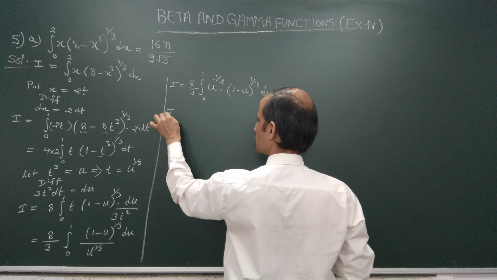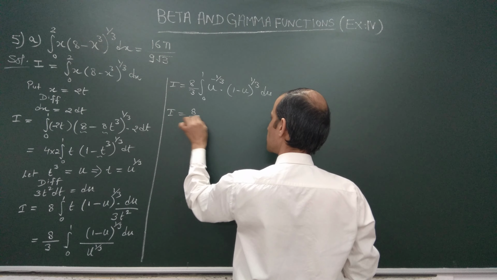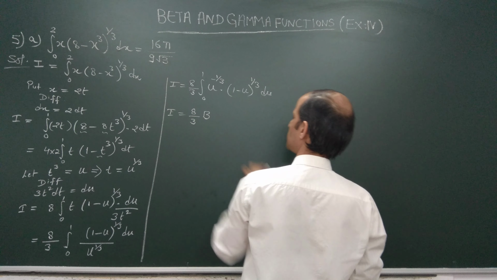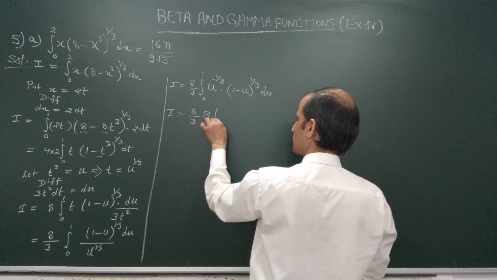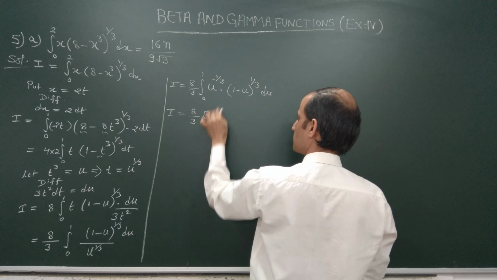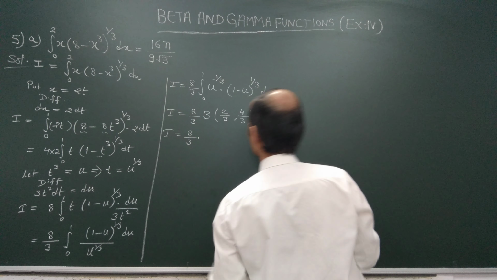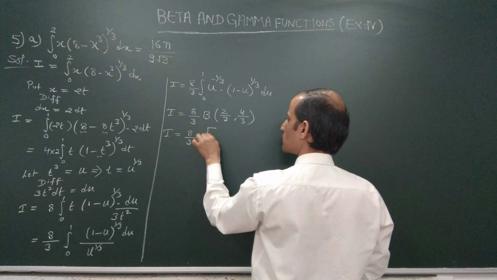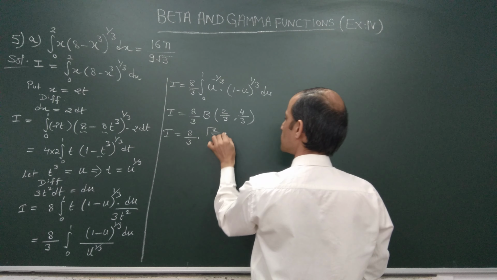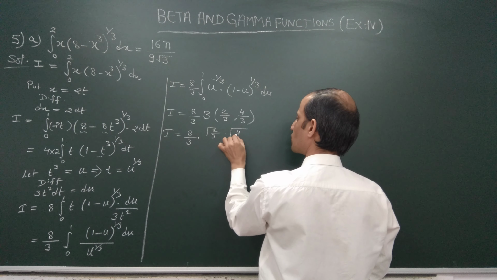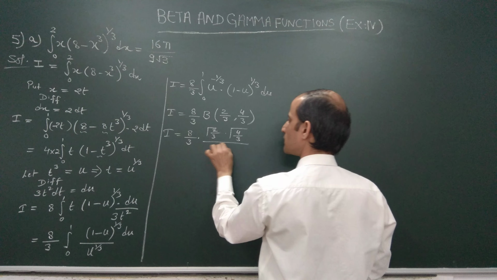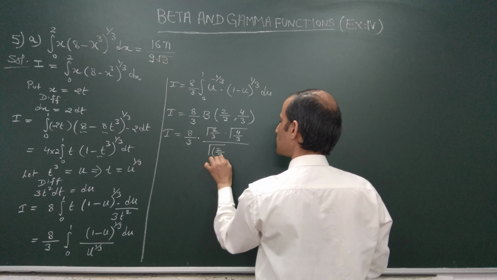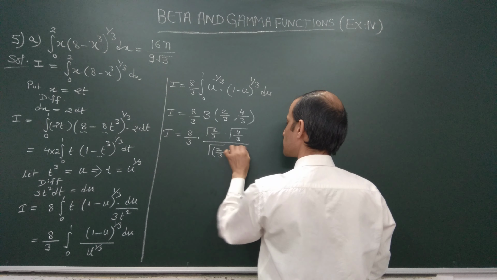Now by property, this is beta of m comma n, meaning plus 1: 2 upon 3, plus 1: 4 upon 3. And I is equal to 8 upon 3 into gamma 2 upon 3 gamma 4 upon 3 divided by gamma of 2 upon 3 plus 4 upon 3.